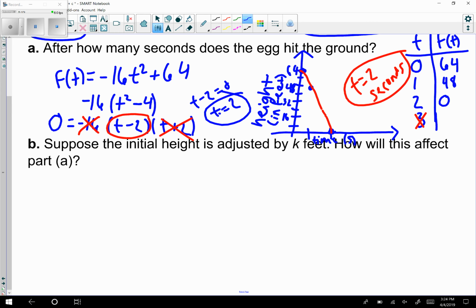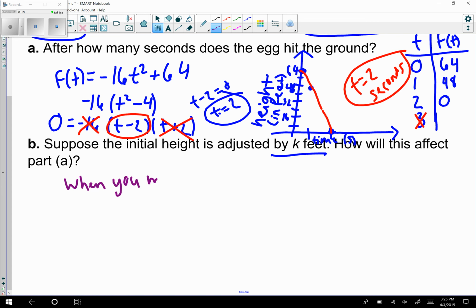Part B says, suppose the initial height is adjusted by k feet. How will this affect part A? Okay, well, it kind of depends on what they're talking about by k feet. Does it mean that, like, k is going to be up, so we're moving the graph up? Because let's think about this.